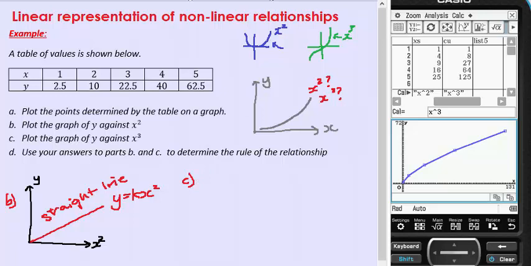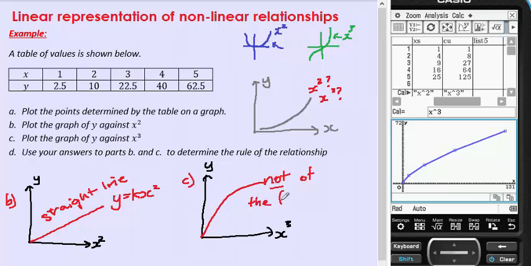So part C has this nonlinear relationship, and it looks like this. My y and x cubed graph tells me that it is not of the form y equals something times x cubed.